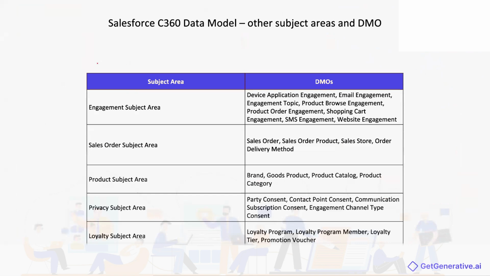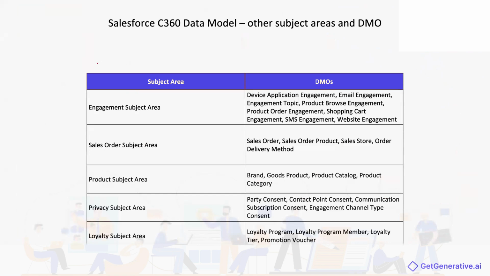Privacy subject area, such as your party consent, contact point consent, communication subscription consent, etc. And your loyalty subject area, such as loyalty program member, loyalty tier, program voucher, currencies, promotions, etc. So think of a subject area as a logical umbrella, which brings multiple data model objects for the same purpose together within a single umbrella.